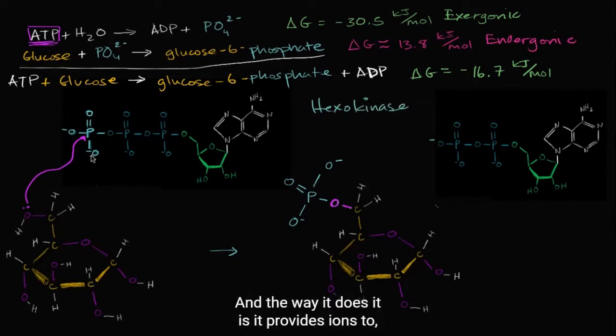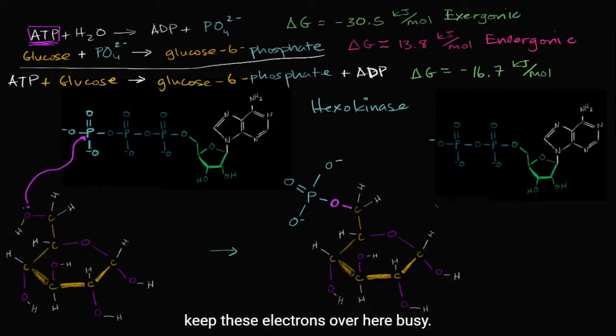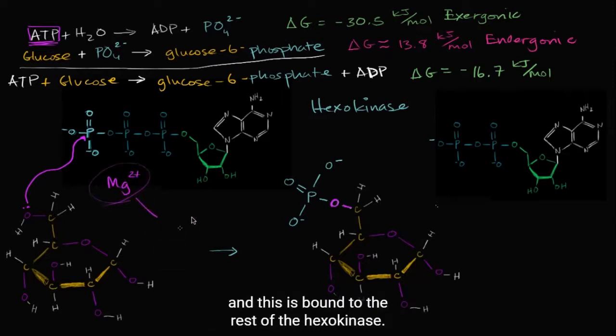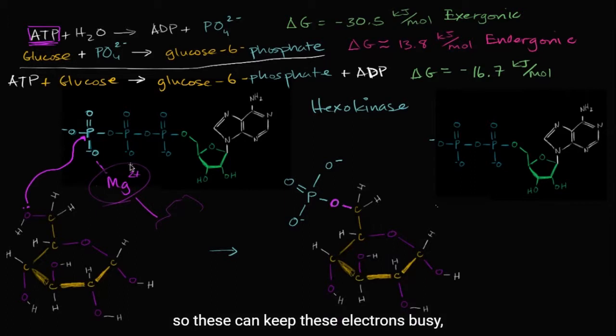The way it does this is it provides ions to keep these electrons over here busy. In particular, it has a magnesium ion right over here, and this is bound to the rest of the hexokinase. So this can keep these electrons busy.